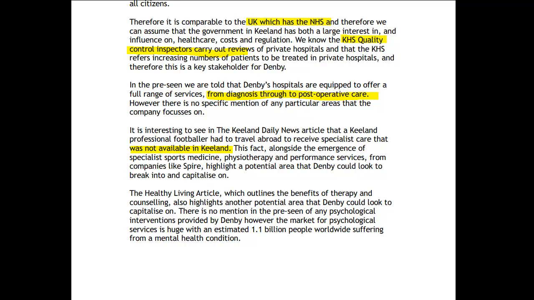And we can see from the Healthy Living article in the pre-seen that GPs are more and more frequently choosing to refer patients for counselling or holistic or psychological therapies over prescribing medication. We don't know necessarily whether or not Denby offer mental health services, but this is one area that the company could look to capitalise on in the future.